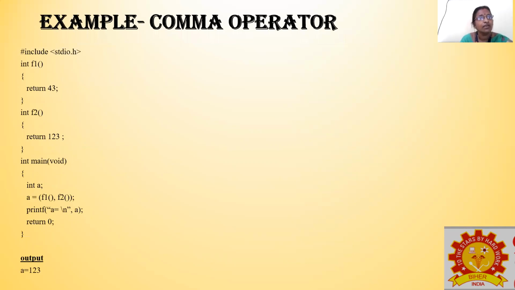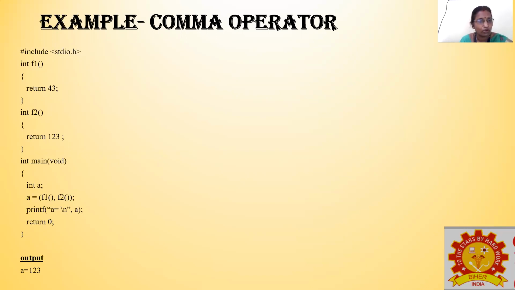Next example, here we are using two functions, f1 and f2. The function int f1() has to return an integer value, 43. The function int f2() is a function which has to return an integer value, and the value returned from the function is 123.